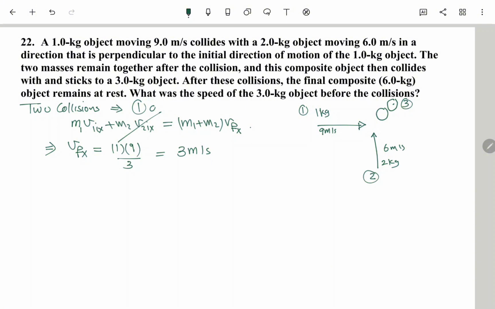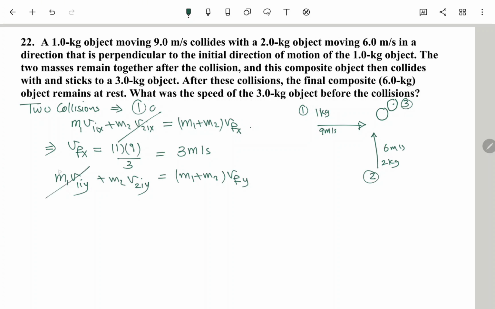Now from the y component of momentum, M1 V1 initial y plus M2 V2 initial y equals M1 plus M2 V final y.